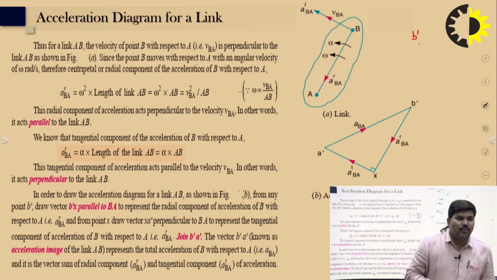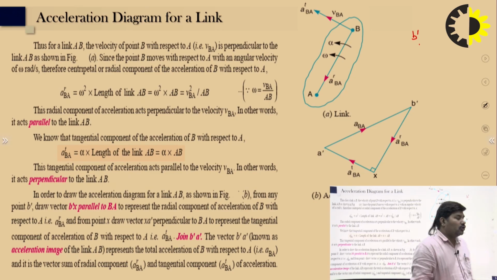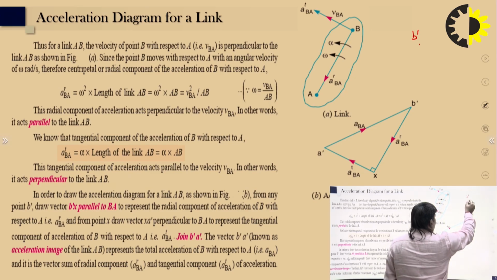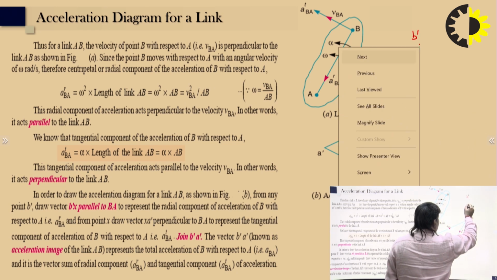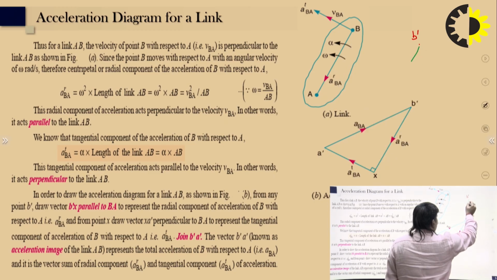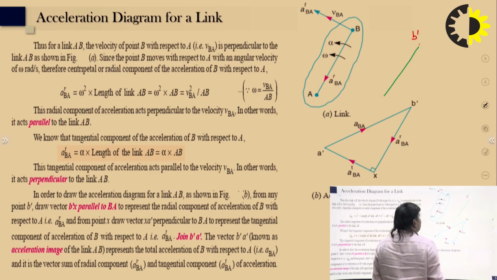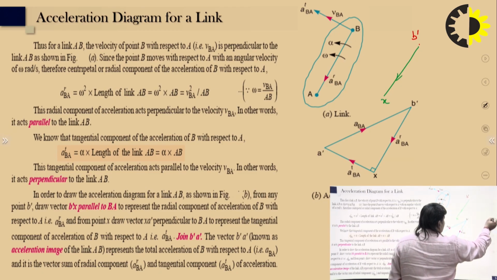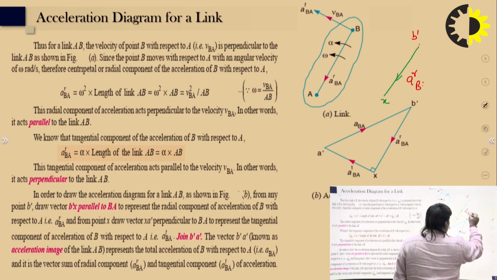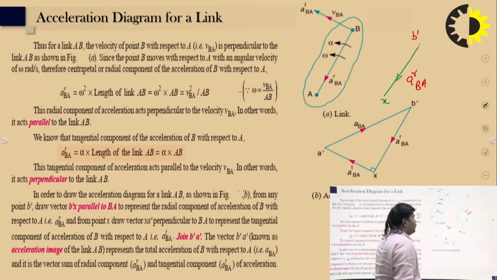I will draw in a different color. This point is x, and this represents the radial acceleration of B with respect to A.